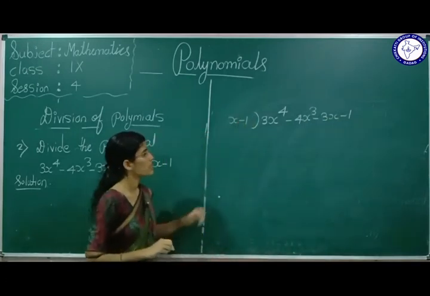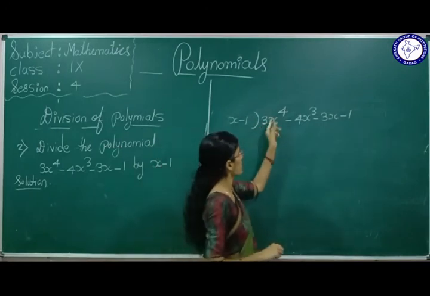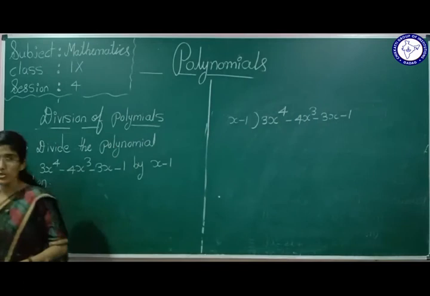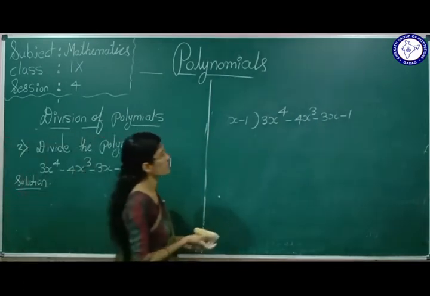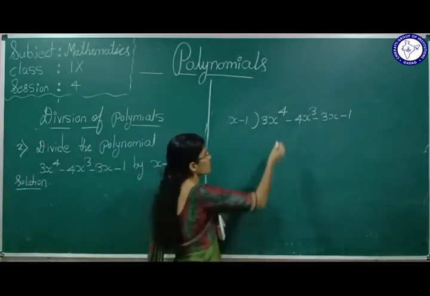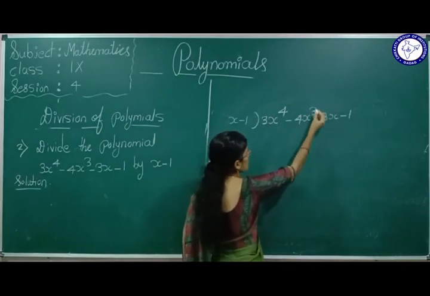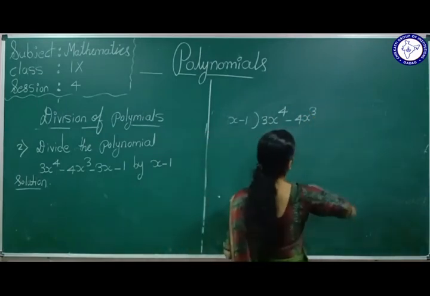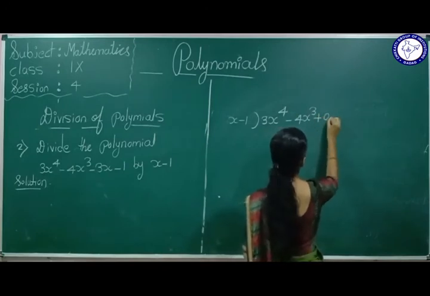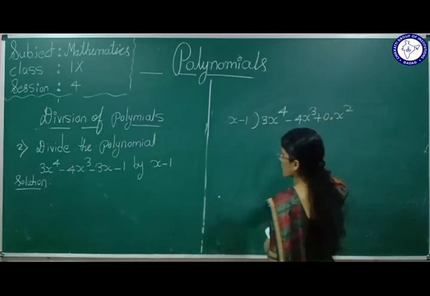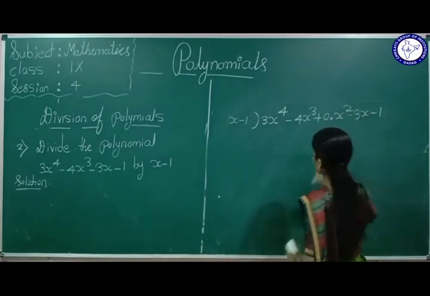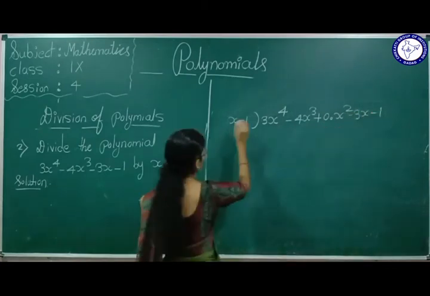Now, are the variables' powers in decreasing order? Yes, it is in decreasing order. Now see here, 4 is there, 3 is there, 2 is missing, right? That's why we can write this as plus 0 x square minus 3x minus 1. Here, x minus 1.